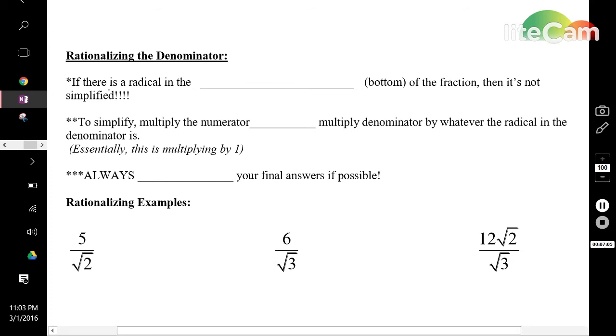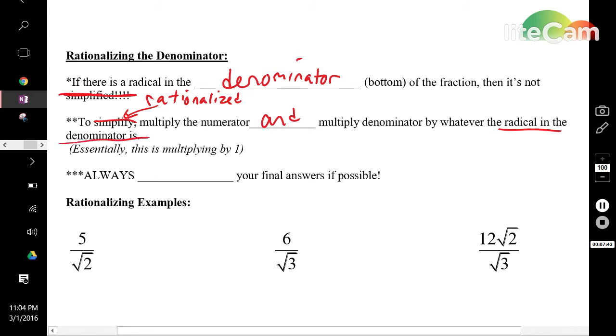So this statement says if there's a radical in the denominator, I put in parentheses bottom of a fraction, then it's not simplified. Let's change that word simplified to rationalized. It needs to be rationalized, meaning no radicals in the denominator. To do this, to rationalize, multiply the numerator and multiply the denominator by whatever the radical in the denominator is.